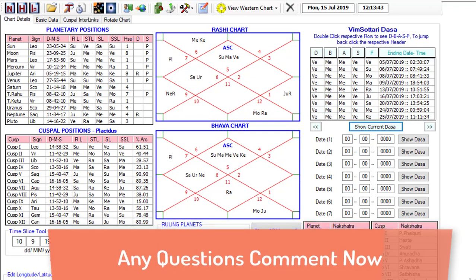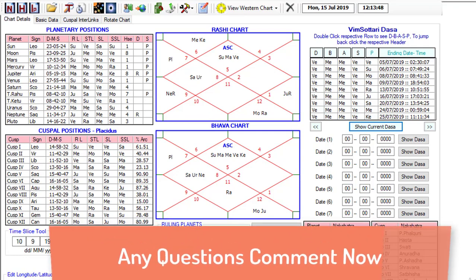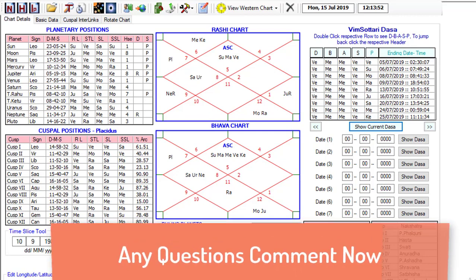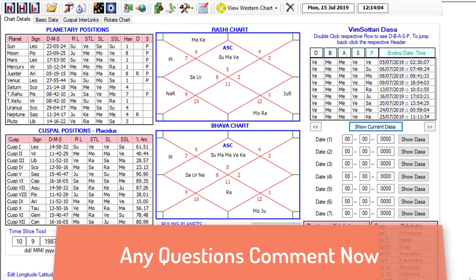I don't want to rely on negativity, because we want to be positive and know the ways which have an upper hand if we use this technique or system. So let me make you understand what is KP astrology and how it is different from other astrologies.